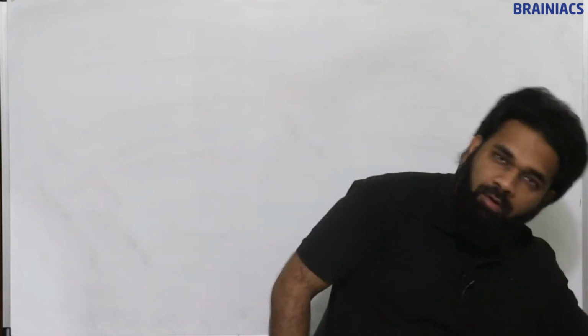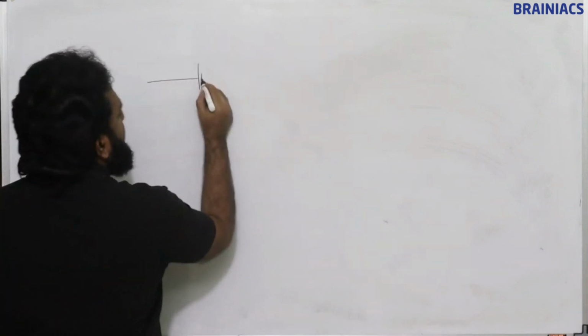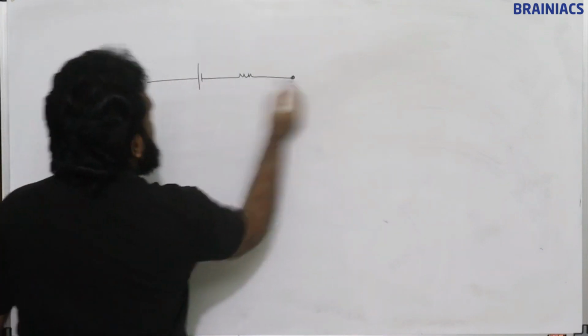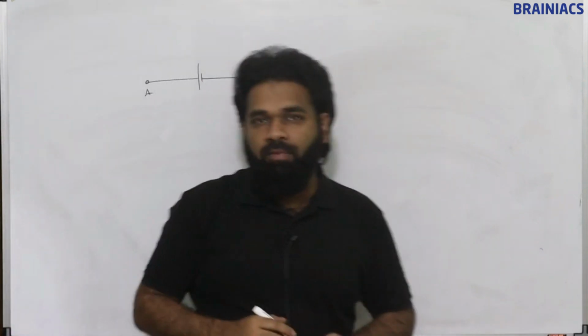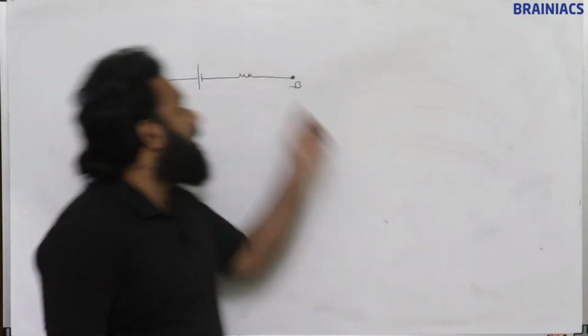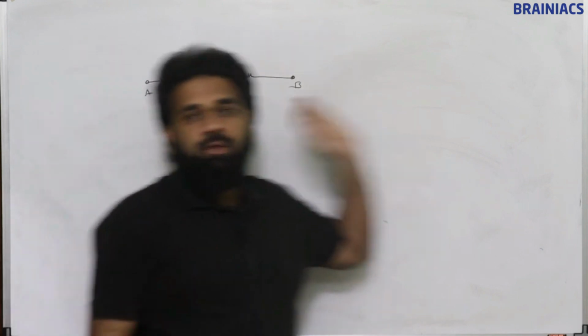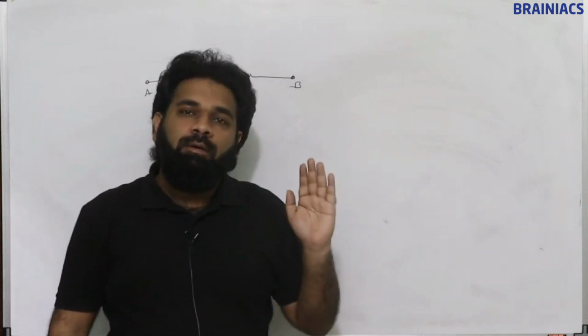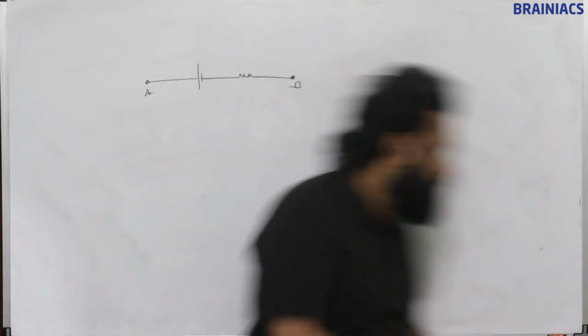Another thing is EMF is the voltage difference or potential difference across the terminals of batteries. When we say terminal, it includes this, this is the terminal of the battery, when no current is flowing. When current flows, what happens? There will be a drop across the external resistance, and there will be a drop in the internal resistance also. This is the definition of EMF.